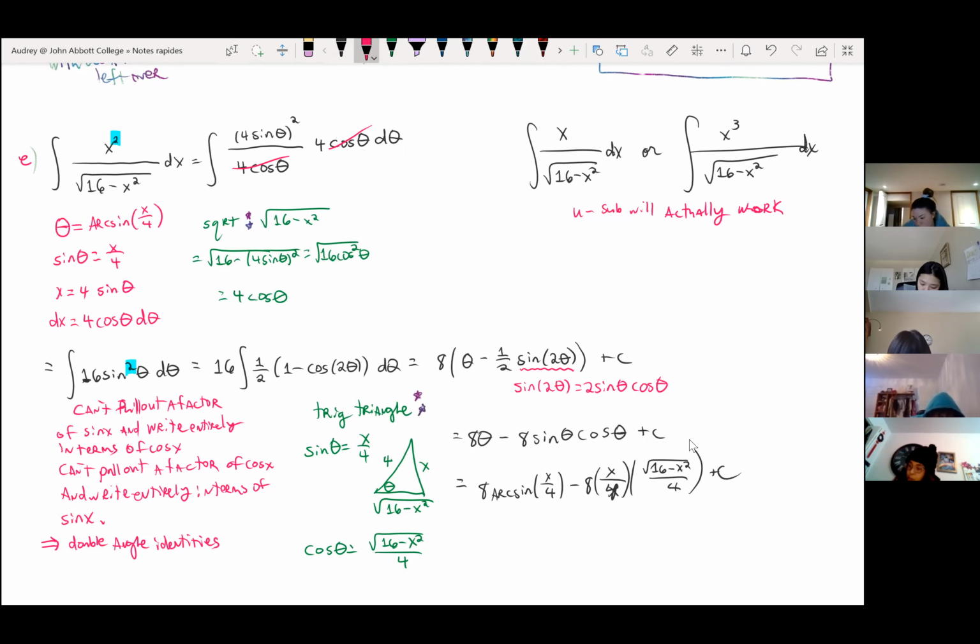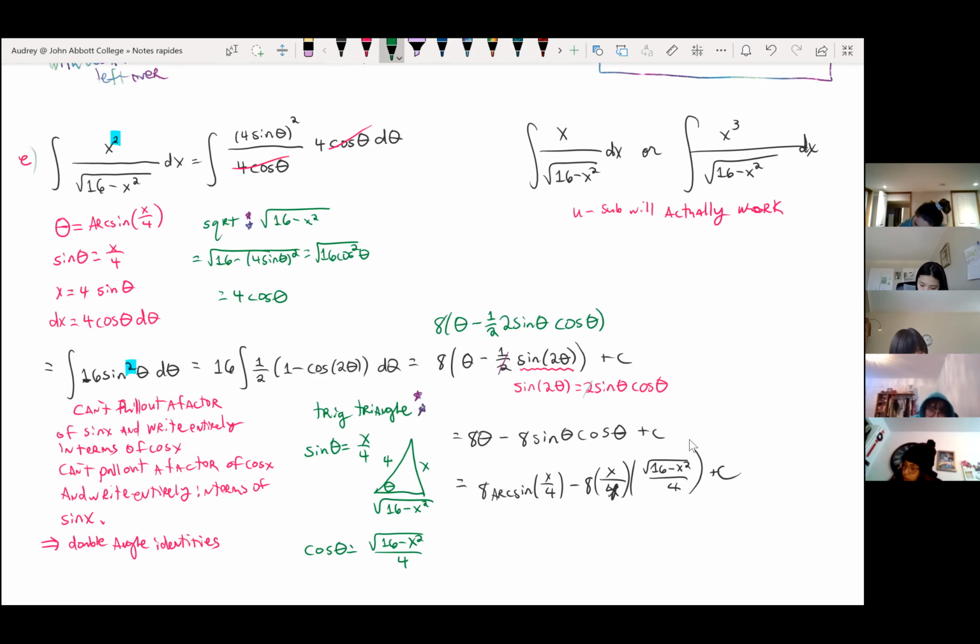Isn't it 4 for the second constant? No, it's actually going to be 8 because this sine 2 theta is 2 sine theta cosine theta, so these two 2's end up canceling each other out. If I were to write it out, it would be 8 times theta minus 1/2 times 2 sine theta cosine theta.